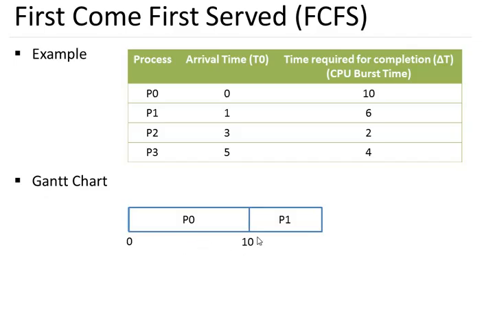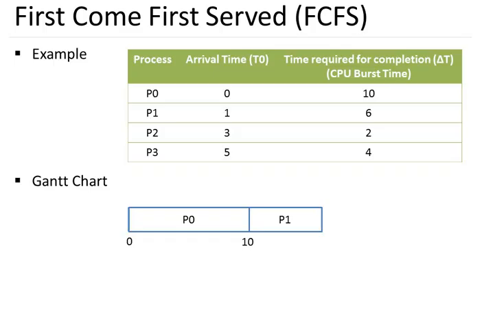Once this process is completed, the dispatcher will select the process. Actually it is the short-term scheduler. Behind the scene it is this short-term scheduler that will select the process based on a particular scheduling algorithm.